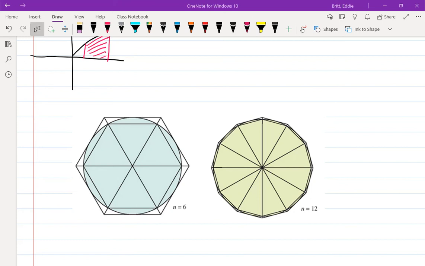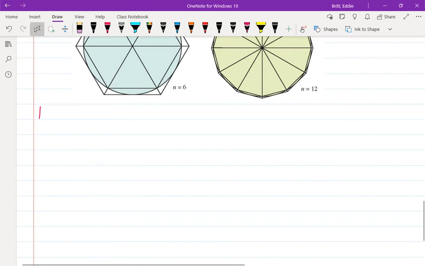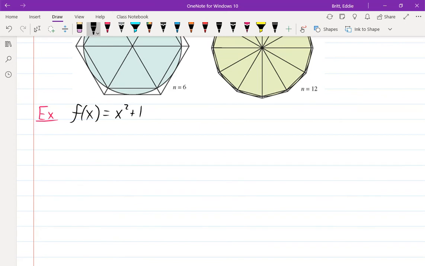Well, let's say that we wanted to find, let me find us a good curve here. I'll try to sketch this as well as possible. So let's say that we had f of x equals x squared plus 1, and we wanted to find the area.